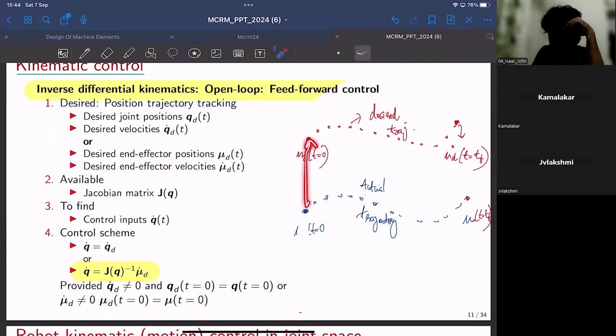They should go over here. Then only it'll be able to accurately move through the desired trajectory. So if both of these conditions are not satisfied simultaneously, then the inverse differential kinematics will not work.